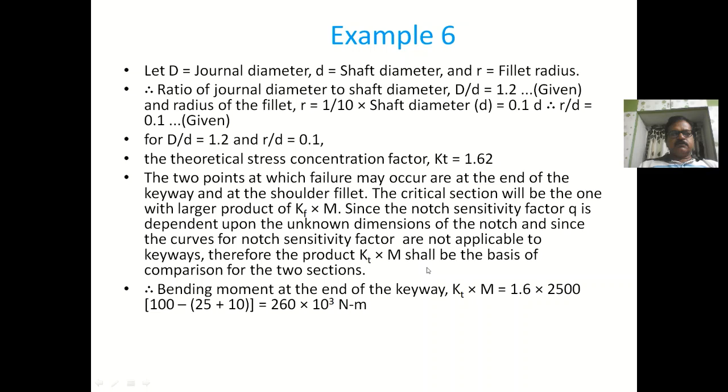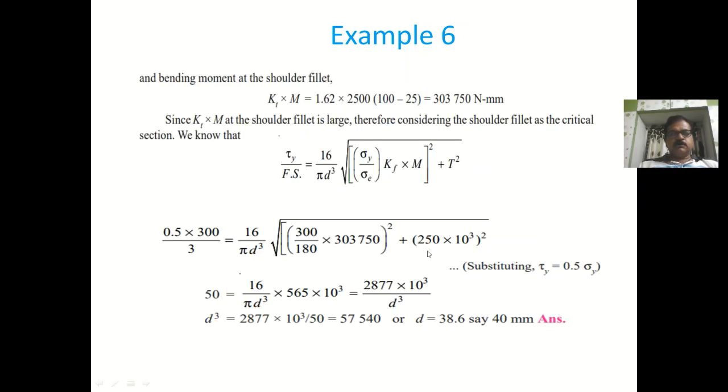With this you will have the bending moment, as well as the torque of 250 Newton meter, that is Newton mm. So this is the torque and this is the moment subjected to the fatigue concentration factor, and with these two we calculate the diameter of the shaft as 38.6, which is approximately 40 mm.